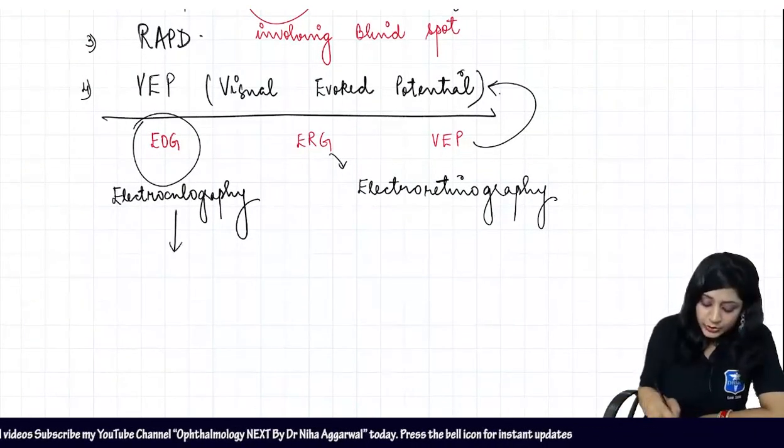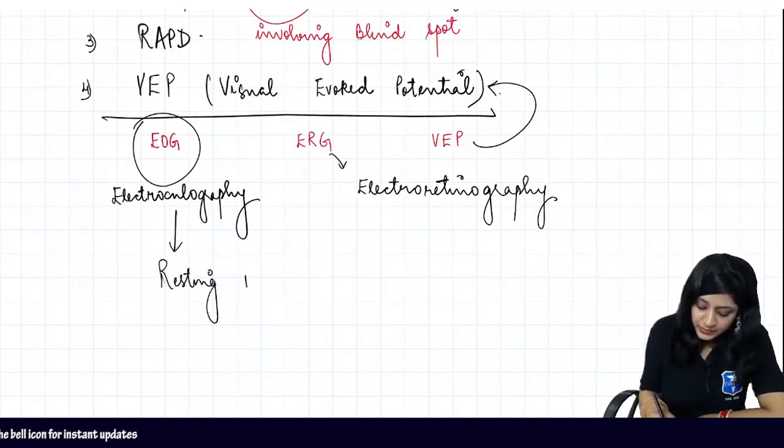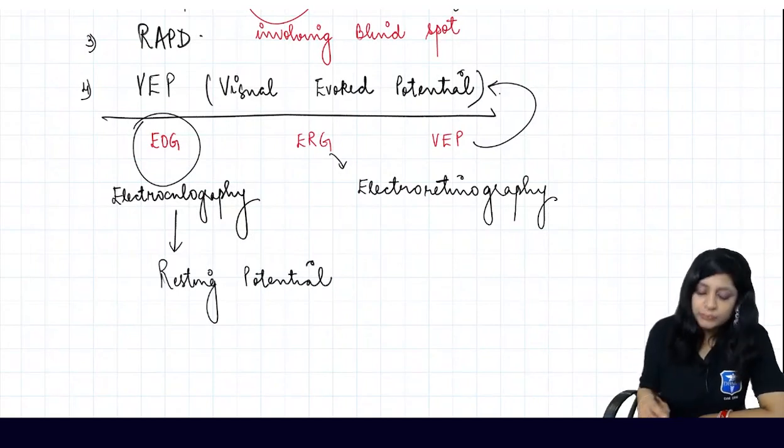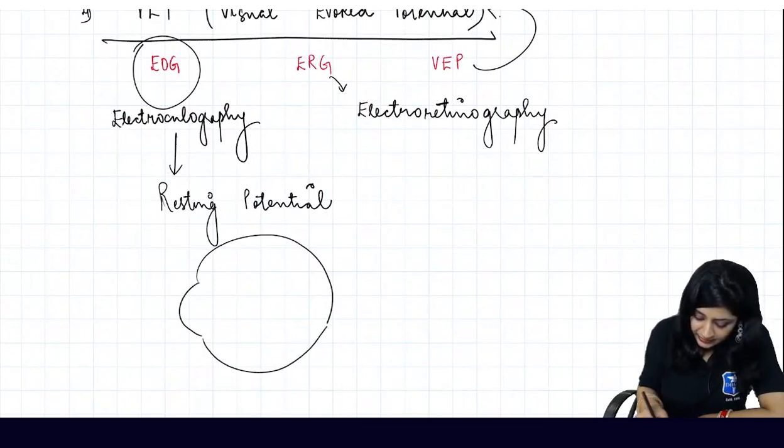Electrooculography measures the resting potential of the eye, which is there between the cornea and the macula.